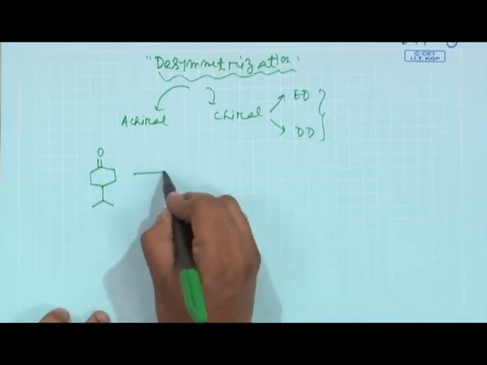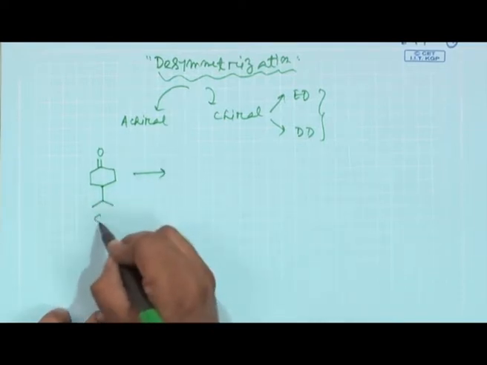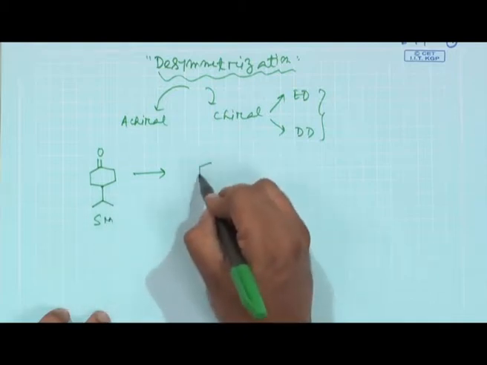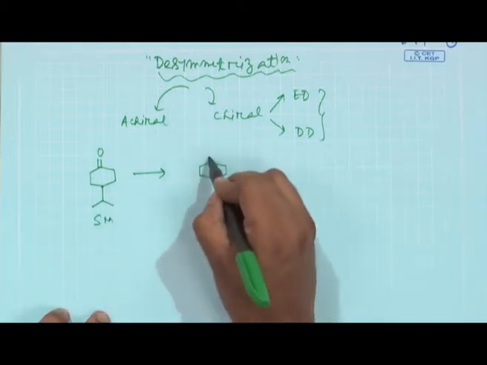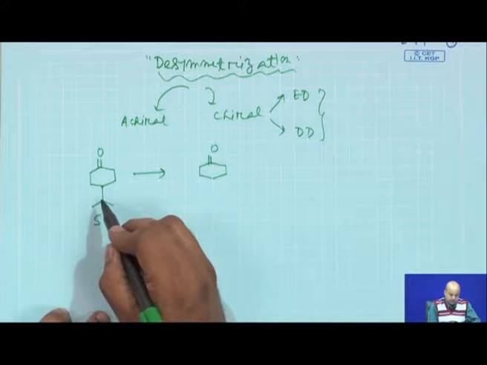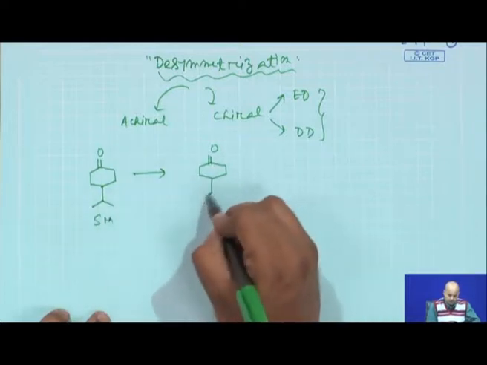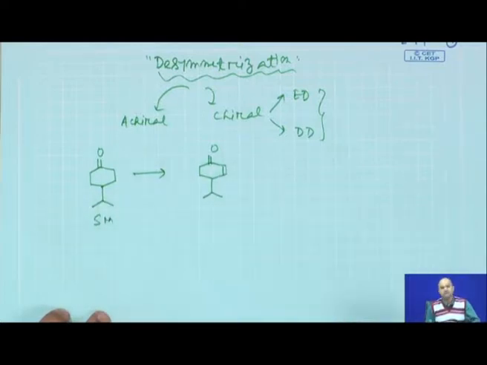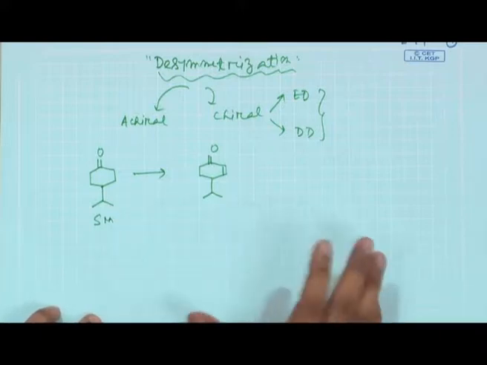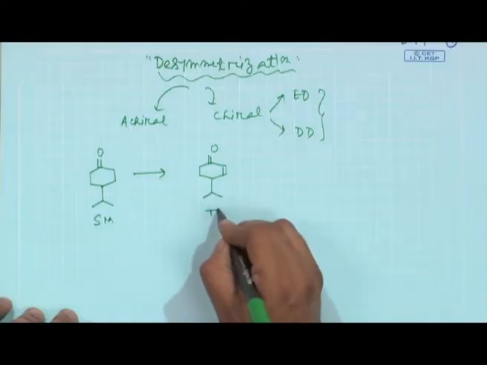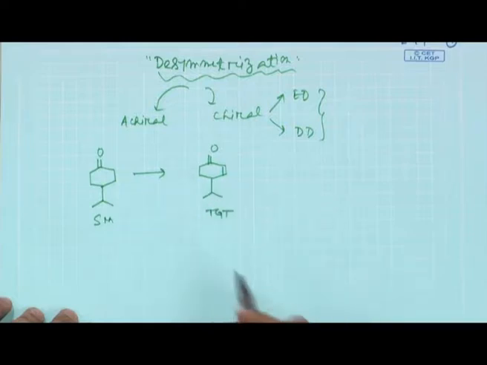This is the starting material, and I am giving you a target. Please convert the starting material to this target. Initially do not focus on the functional group interconversion, although definitely that is your main key point. As I said, initially try to have a visual communication with the target molecule.